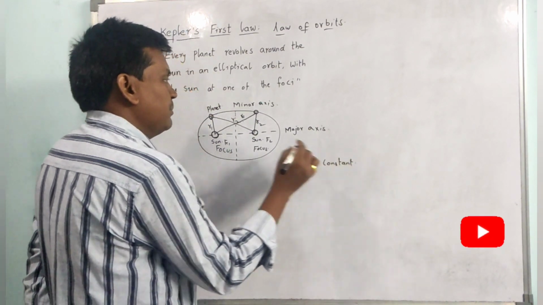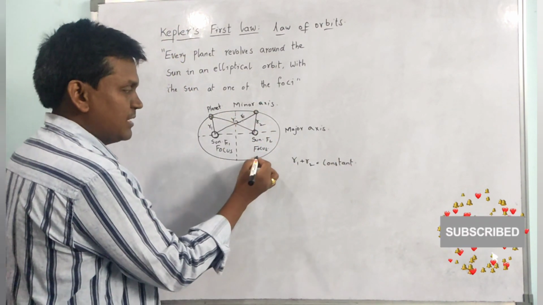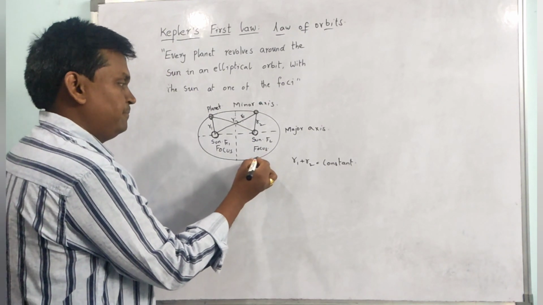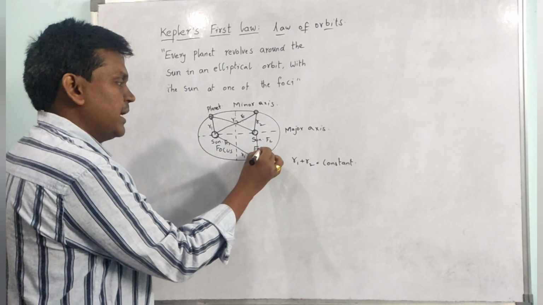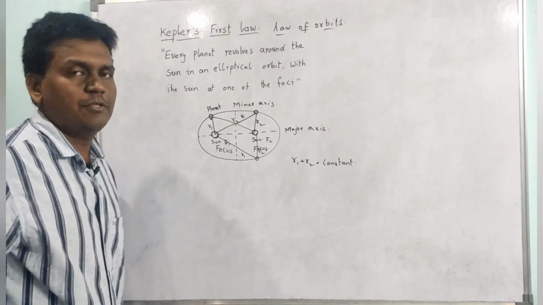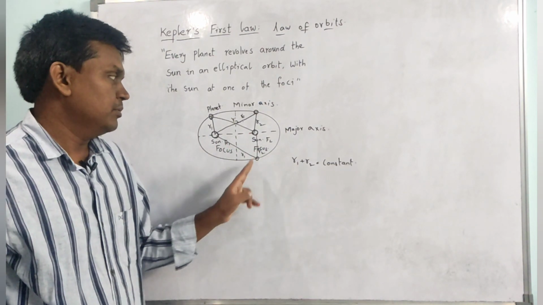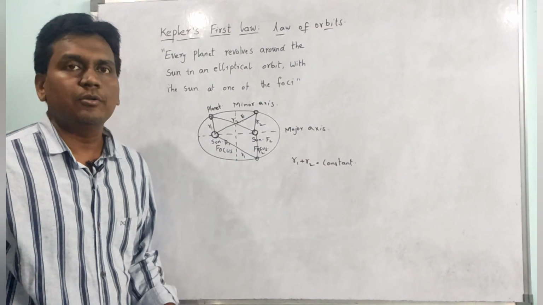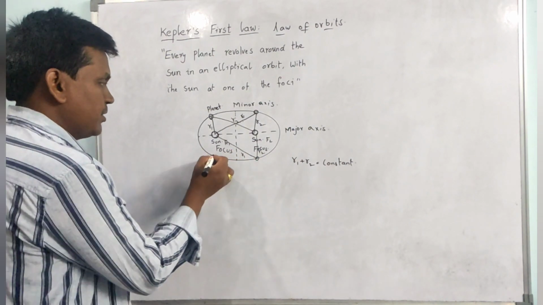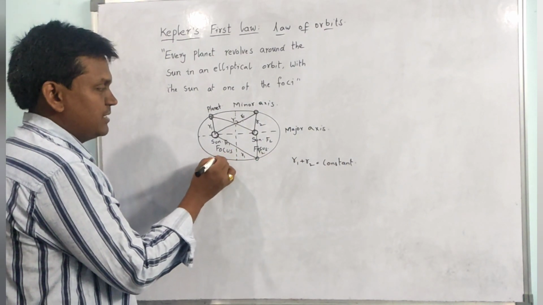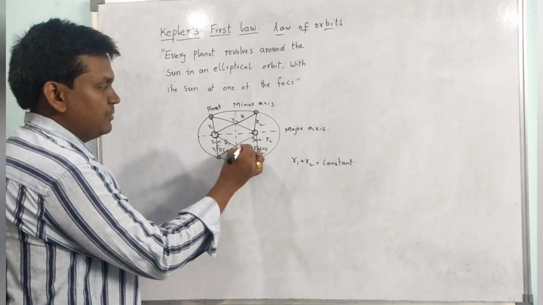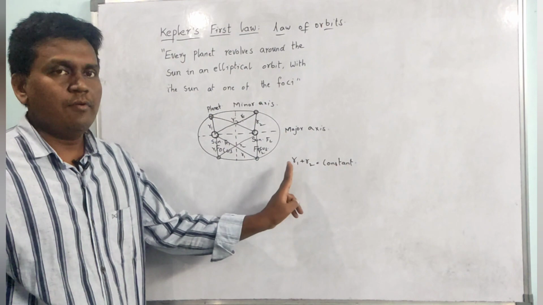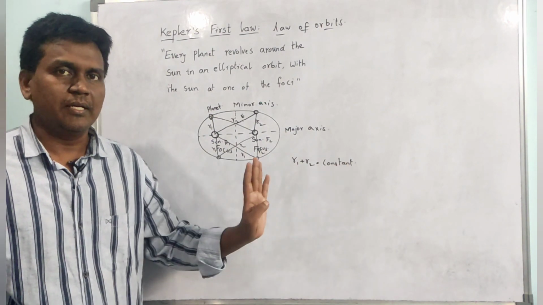So whether the planet is here or here, or if you consider the planet here, again this will be R1 and this will be R2, and here also the sum of the two distances R1 plus R2 is constant. So at any position of the Earth, the sum of R1 plus R2 will be constant.